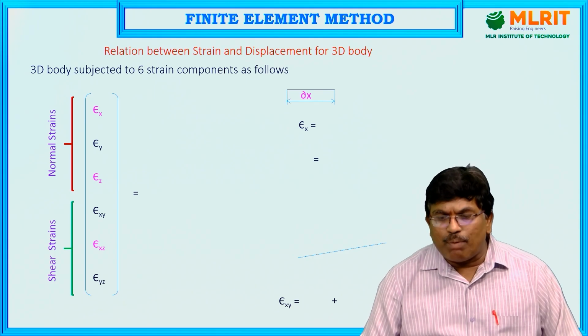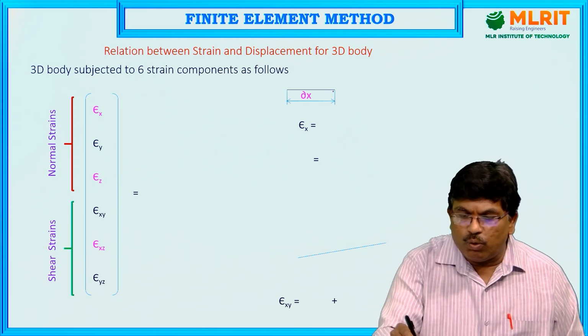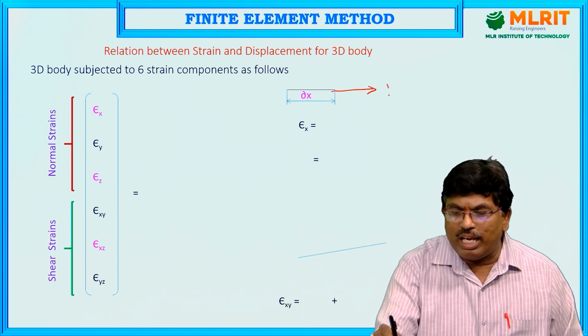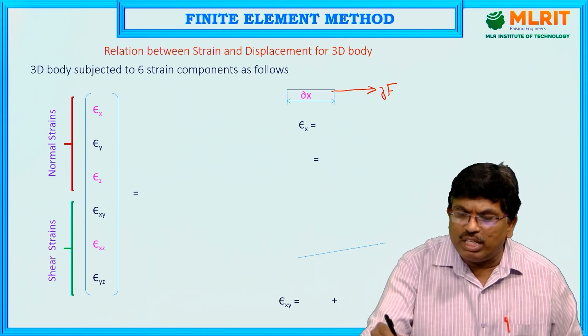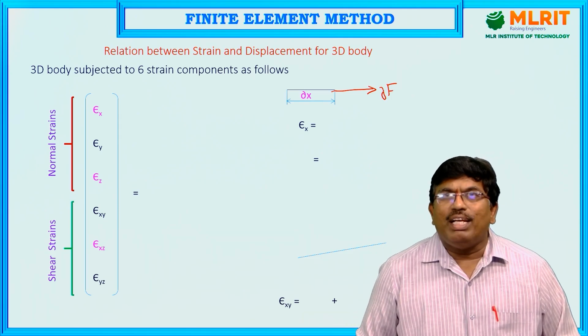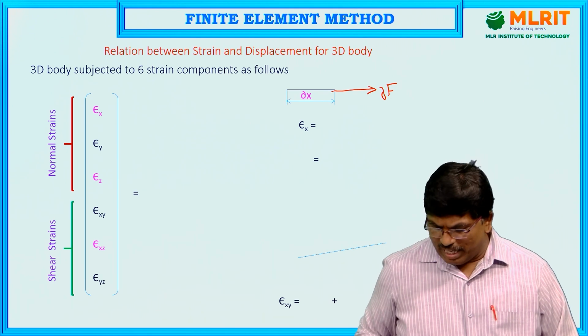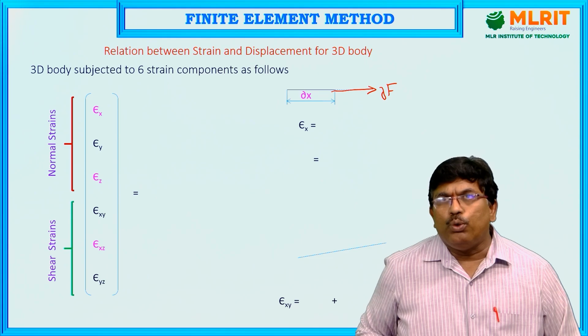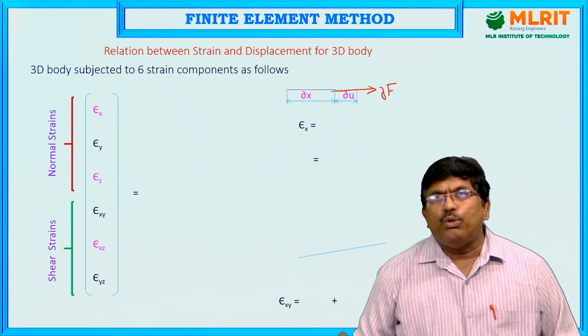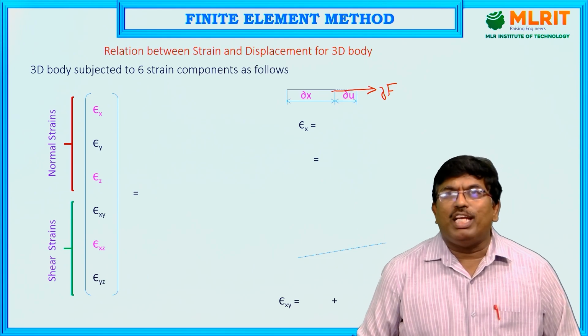When it is subjected to an axial load F, or a differential load delta F, it will be deformed in the x direction. How much will it be deformed? It will be deformed by dou u. Here u is the displacement in x direction.